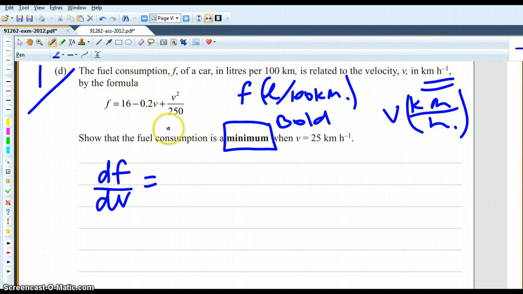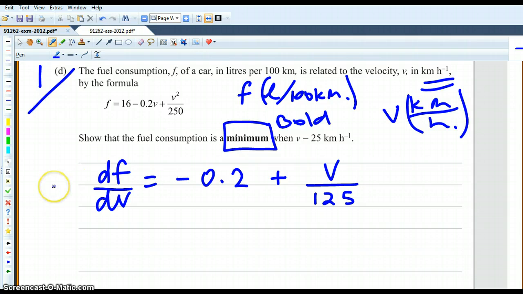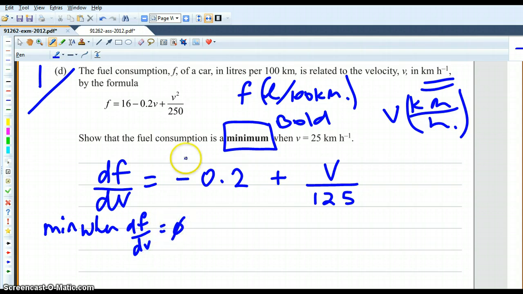So the 16 disappears. I'm going to have 0.2, and then plus, I take the power down by 1, and I'm going to times that by 2, so 2 over 250 is the same as 1 over 125. Now I want to say it's a minimum when df by dv equals 0.